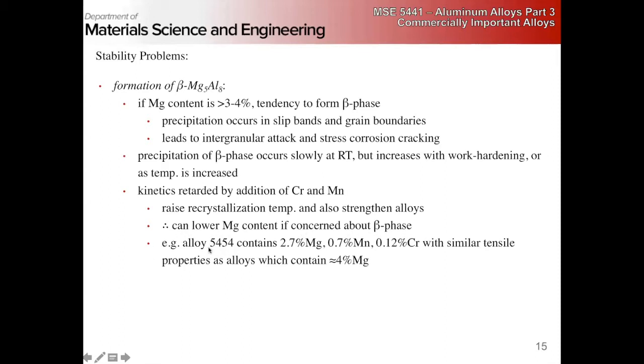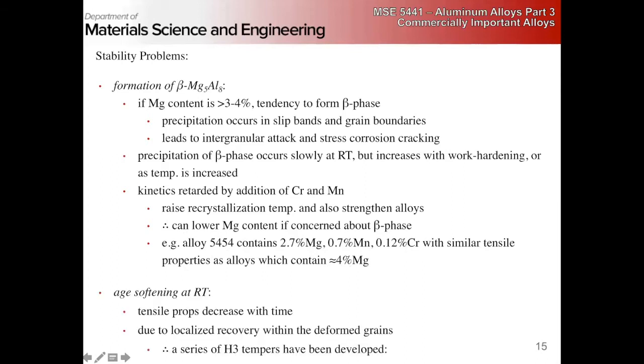For example, alloy 5454. The magnesium content is only 2.7%, but we can get similar tensile strengths and properties to alloys that contain 4% magnesium, but with much less risk of beta phase formation.